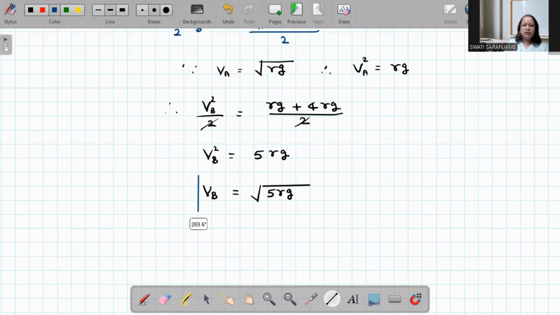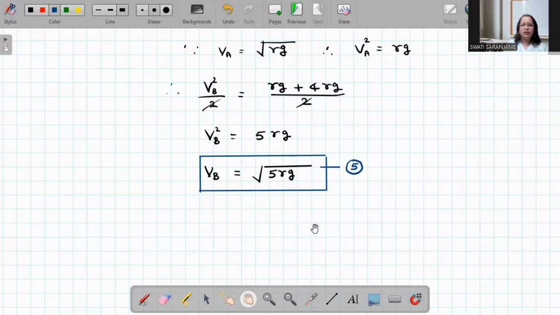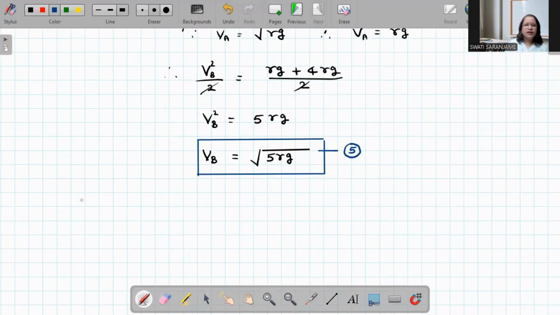So this is the formula for speed of the object at lowermost position. Let's write this one also. These conclusive statements are much more important to make a good impression on the examiner.